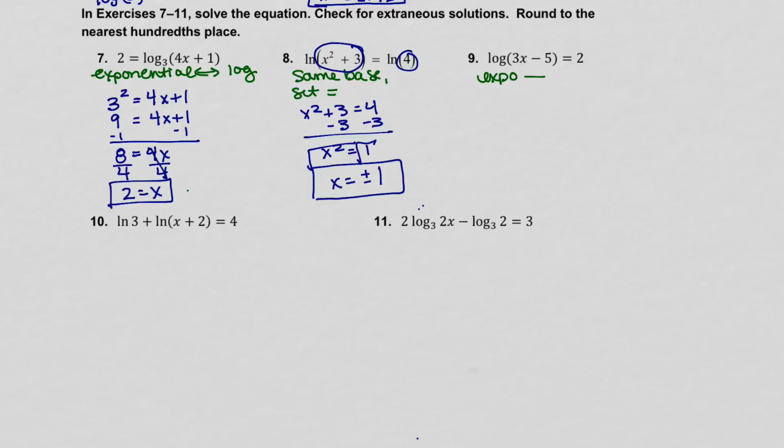So again, I'm looking at a logarithm, and I want to undo that. So I'm going to be thinking of my exponential form here. I can't see a little number down there, so I know that that's my common base of 10. My common log of 10 squared equals 3x minus 5.